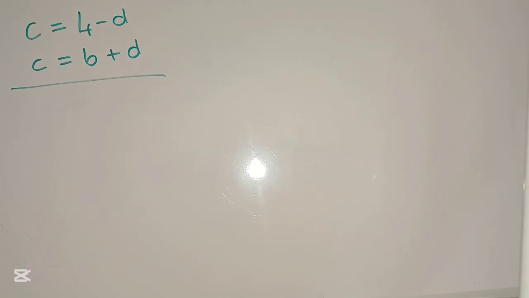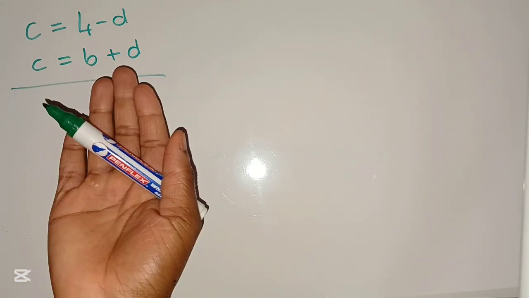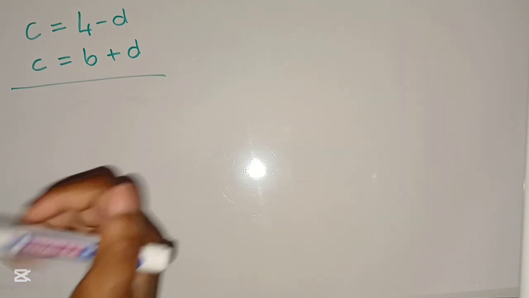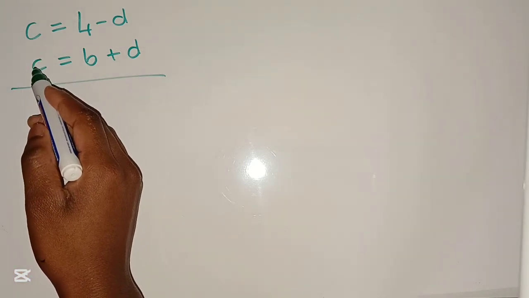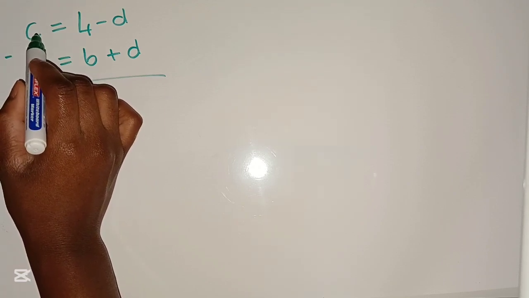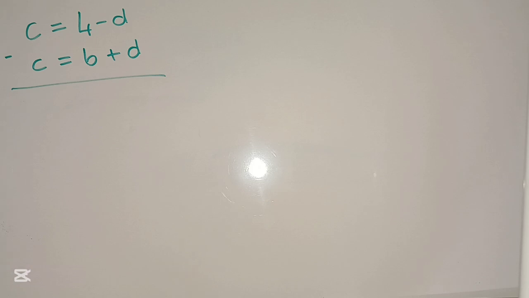Let's eliminate one variable. You can decide to eliminate between C and D, but I am going to eliminate C by saying C minus C. C minus C will give me 0. Remember, there is an invisible 1 in front of the variable.